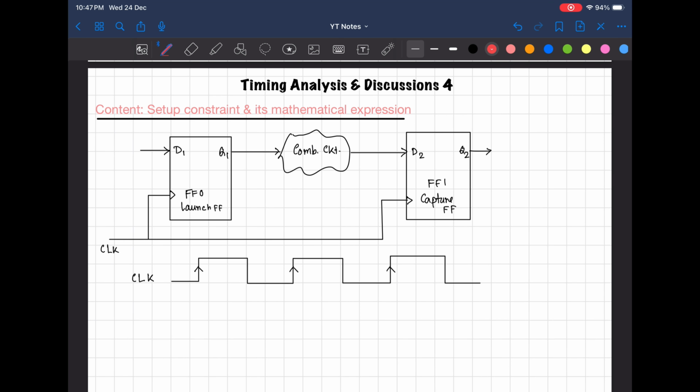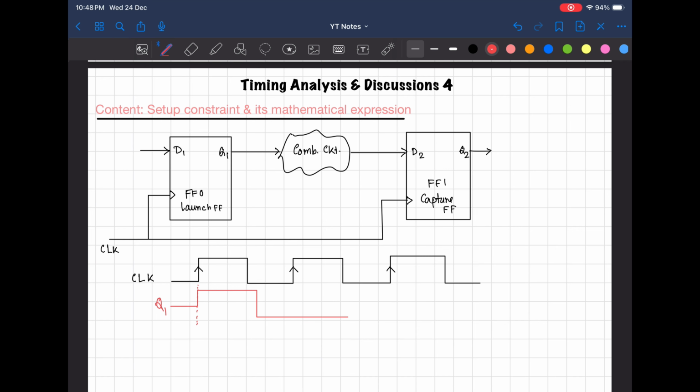I can also explain this with a timing diagram. Suppose this is the clock diagram, and data is coming from the Q1 pin with a pattern like this. At the first clock edge, clock edge 1, the data comes out from the Q1 pin.